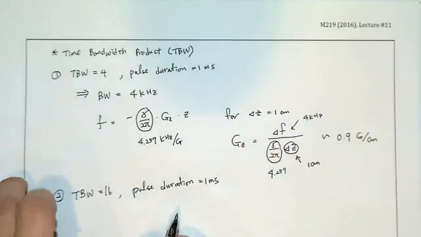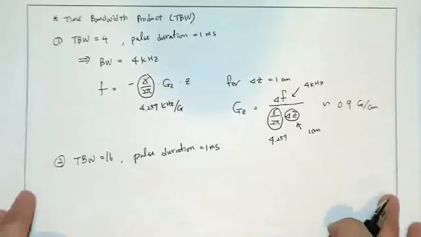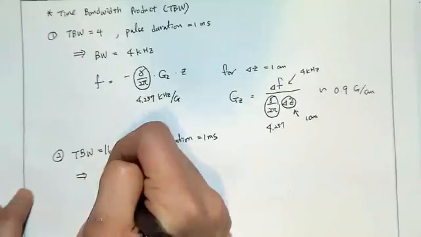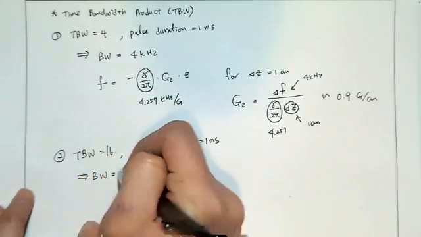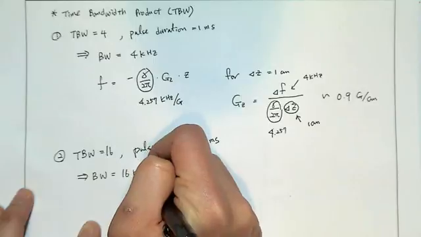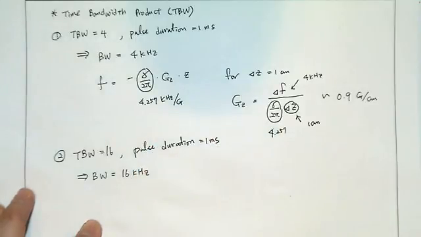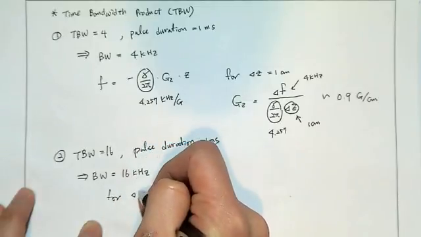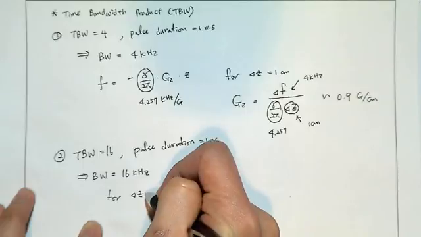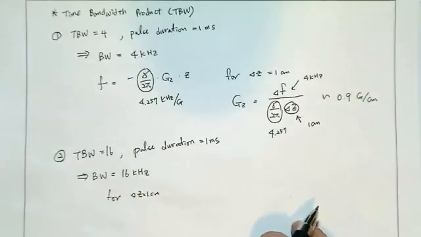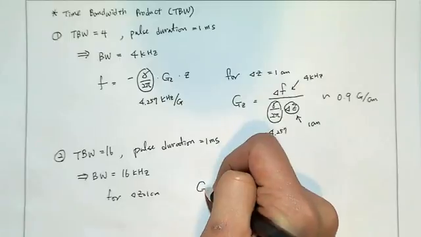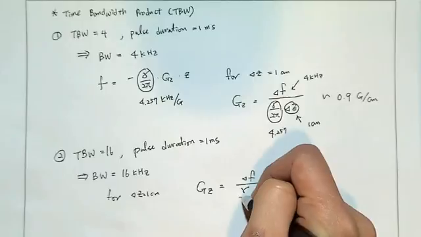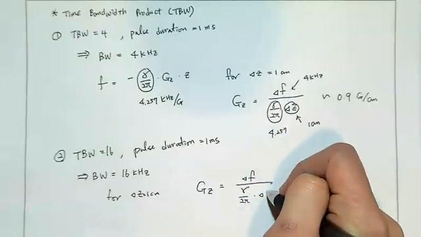Then as I said, the bandwidth has to be 16 kilohertz, right? And then if you want to have 1 centimeter slice thickness, then the gradient amplitude required is delta F over gamma over 2 pi times delta z.